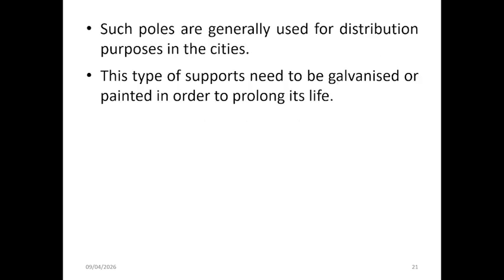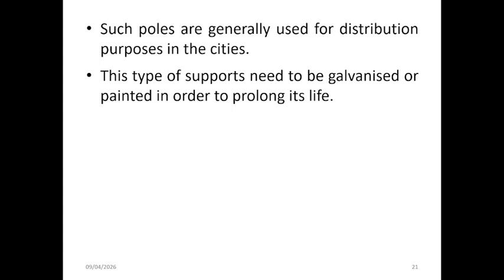Okay, this slide highlights the practical application and maintenance requirements of steel poles in distribution systems. These poles are commonly used in urban areas where higher load demands and space constraints require strong and reliable support structures.